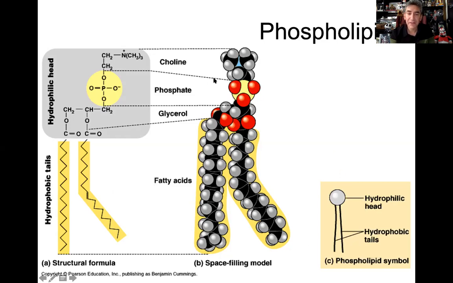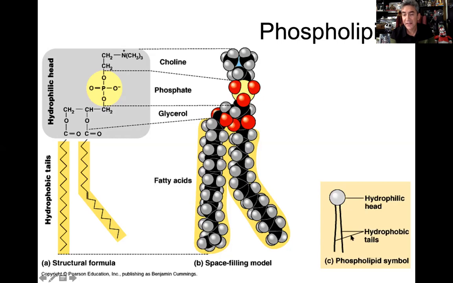And the top part, if you notice up here, there's a positive charge, there's a negative charge. So there is some electrical charges that would be attracted to the delta charges of water. So water would interact very easily with the phosphate area. We're going to call that then a hydrophilic area. So the hydrophilic area and the hydrophobic area.